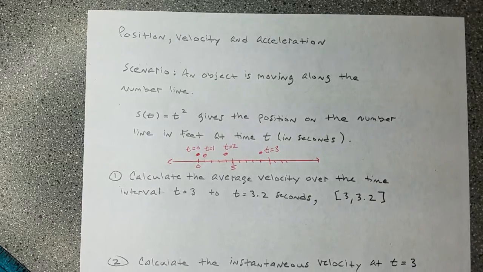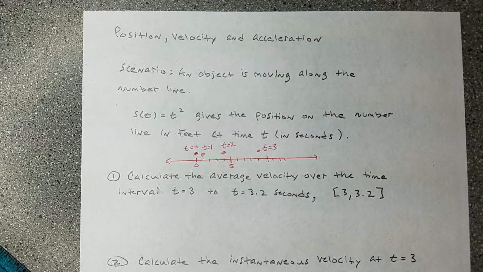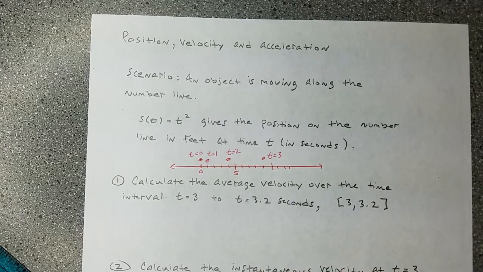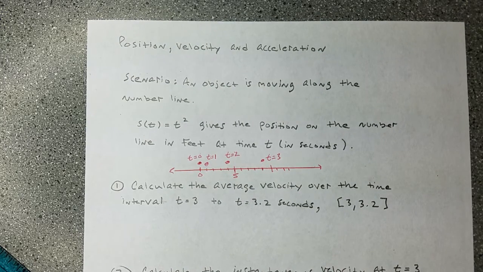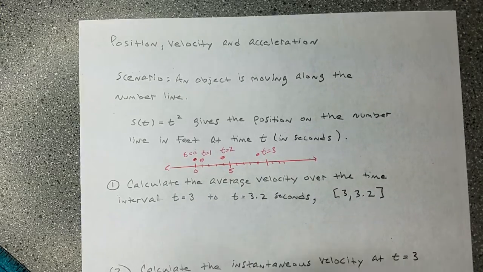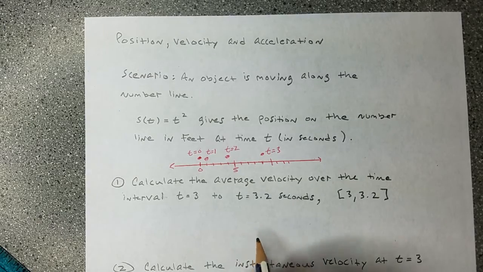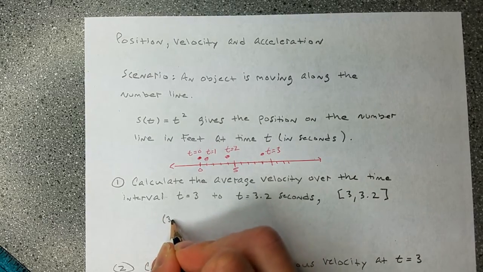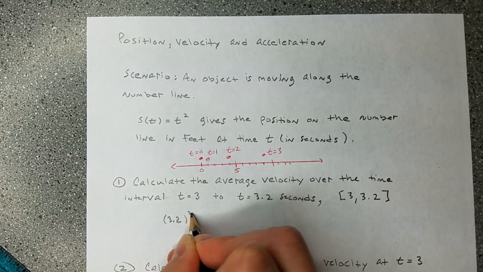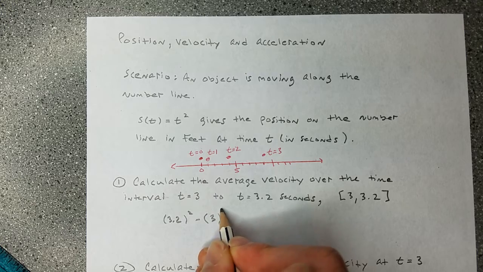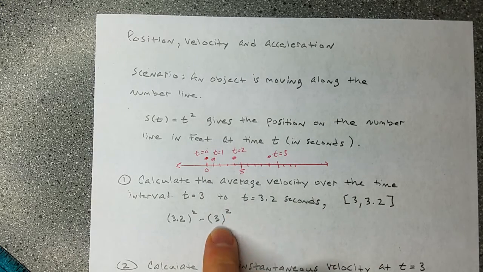Average velocity. Suppose I give you a time interval like t is 3 to 3.2 seconds. What's the average velocity during that time interval? Very easy formula. I'll just start by writing the formula down. We take the later time and calculate the position at that time minus the earlier time and calculate the position at that earlier time.